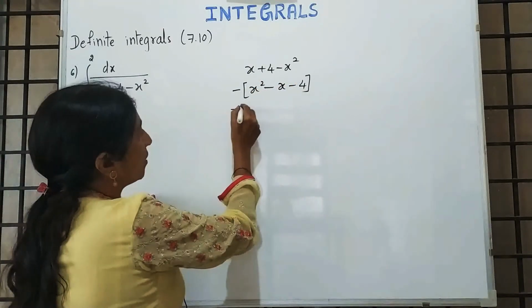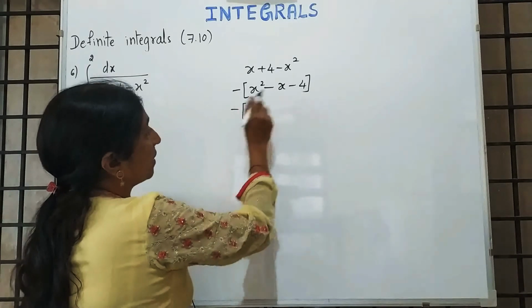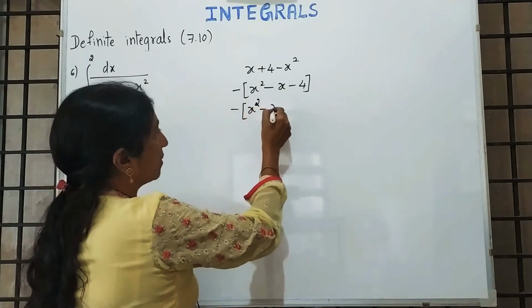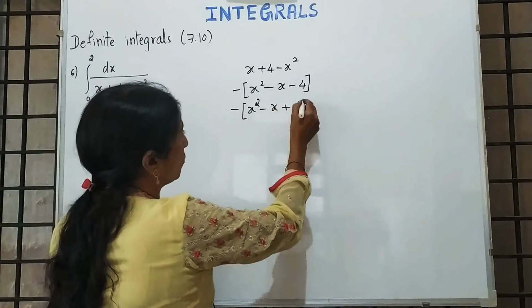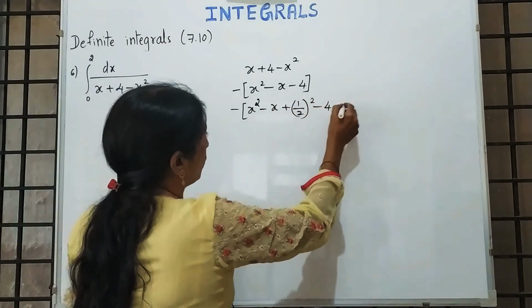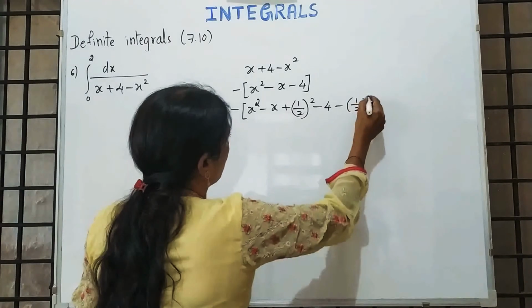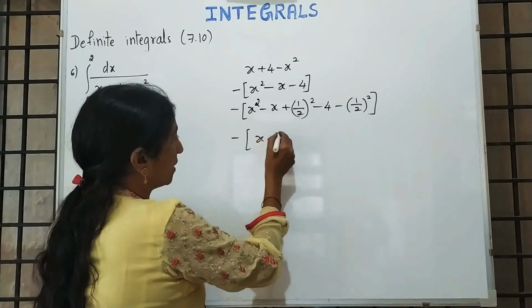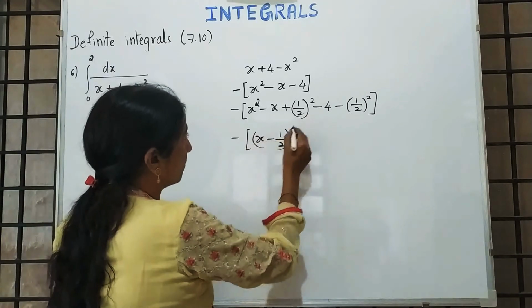Now we have to see the coefficient of x. There is no number, means 1. Half of that is 1 by 2. Plus 1 by 2 whole square, minus 4 minus 1 by 2 whole square. Already you are familiar. The first starting 3 terms become a perfect square.